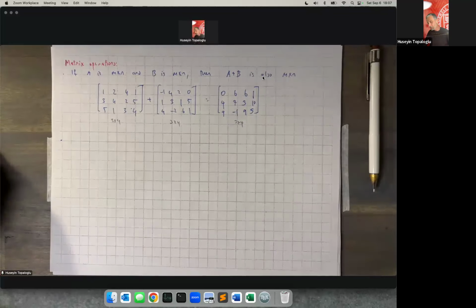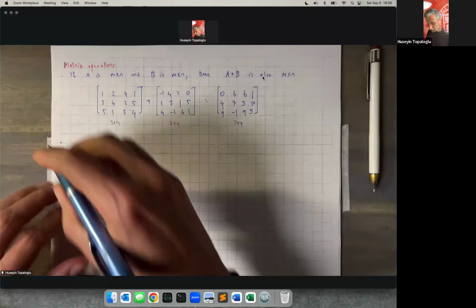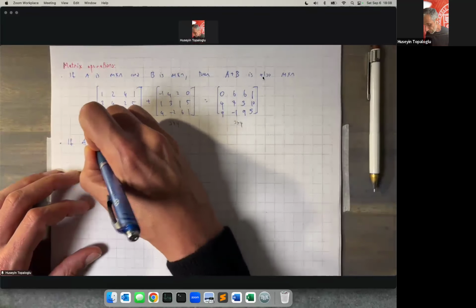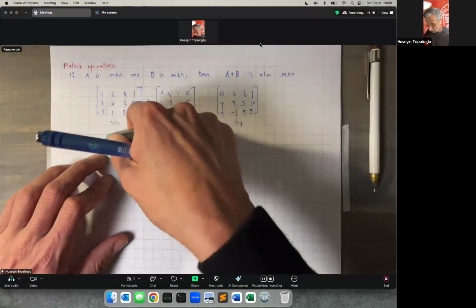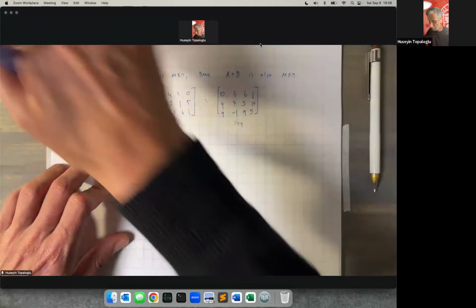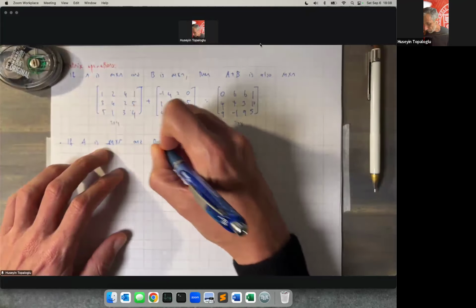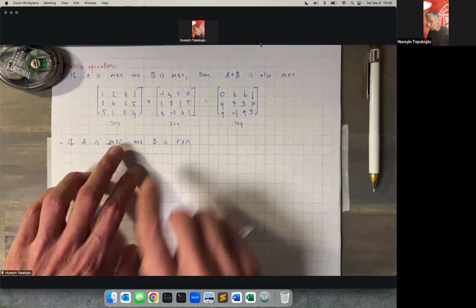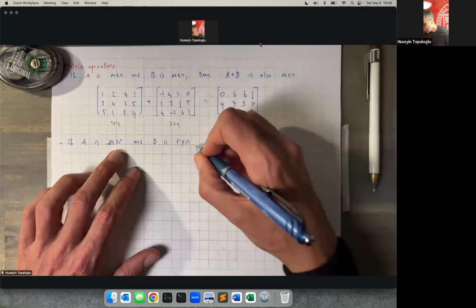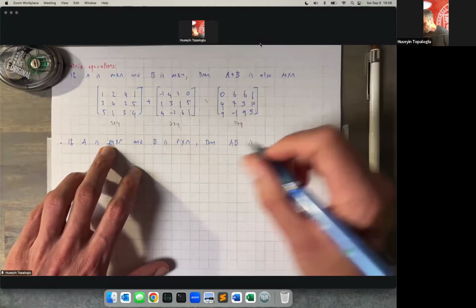Not terribly interesting. Let's talk about one more concept that's probably quite simple, and then things are going to get interesting. We can also think about matrix multiplication. If A is m by r, and B is r by n, so their inner sizes match, then I can multiply these two matrices, and their product is going to be m by n.